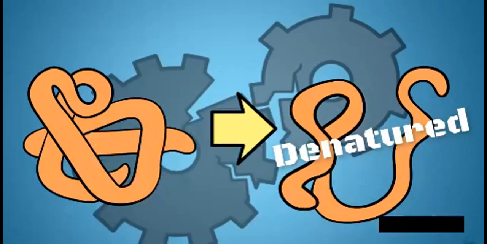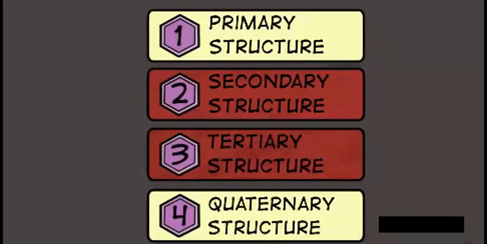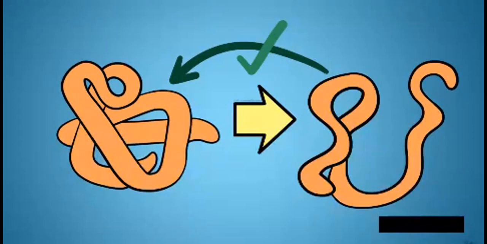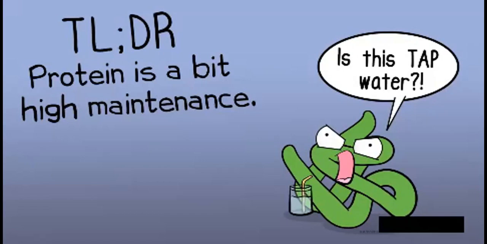This prevents it from functioning correctly, and depending on what caused it to be denatured, sometimes you are interfering with many levels of protein structure. Sometimes it's just one or two levels. Sometimes denaturing a protein may be reversible, but in many other cases, it's not. The environment that a protein is in definitely matters for its functioning.